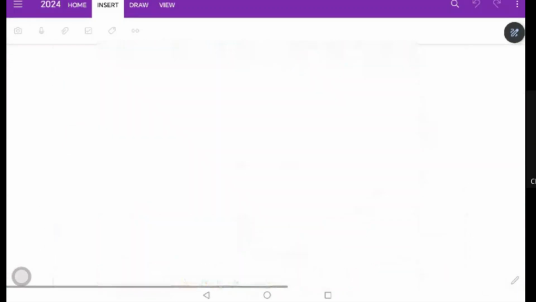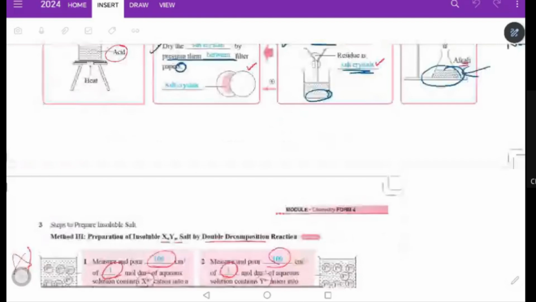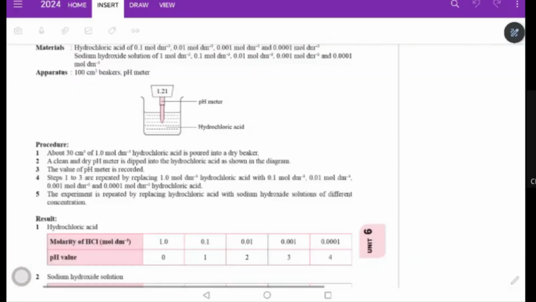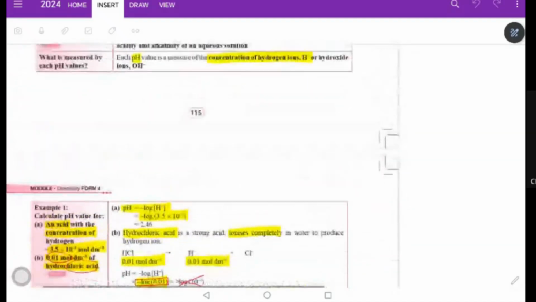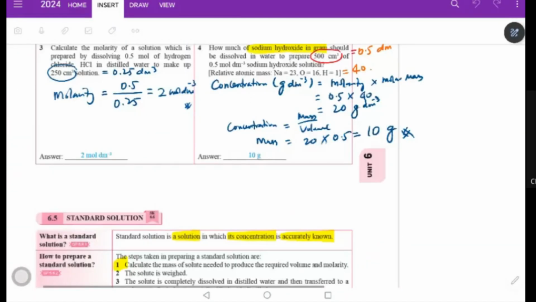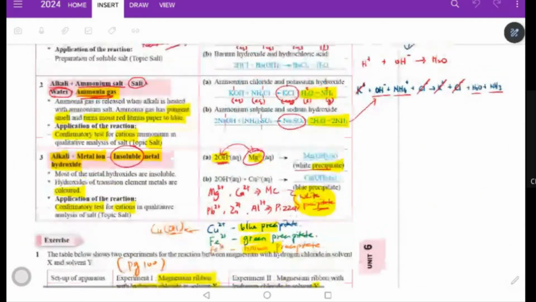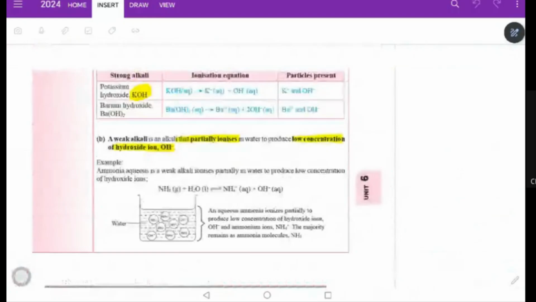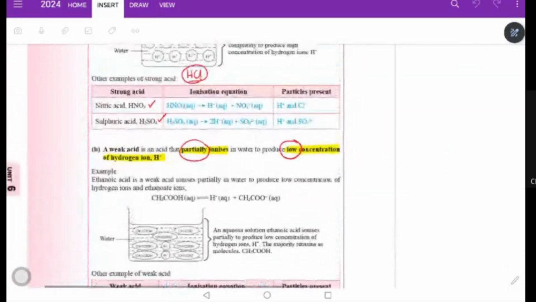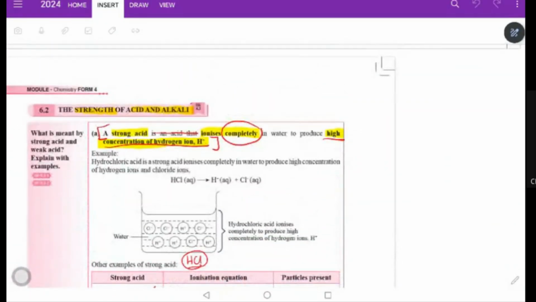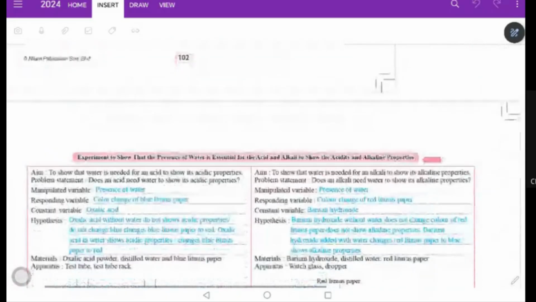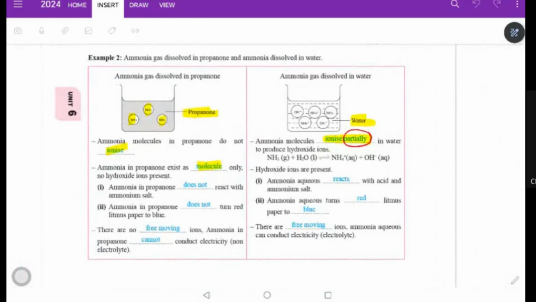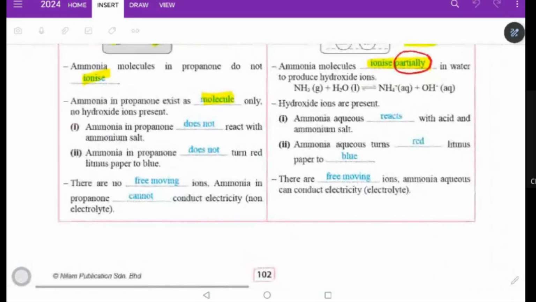I already mentioned it in the class with you. Okay, the concept is very simple, but students don't know how to use it or don't know how to explain it. Okay, everybody, you can turn to page 102, class.